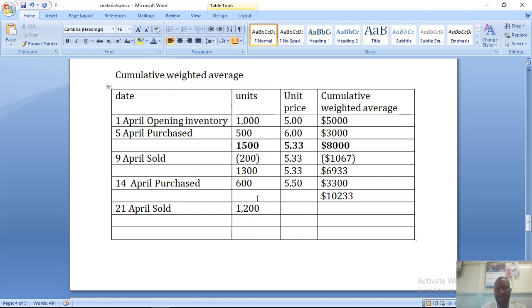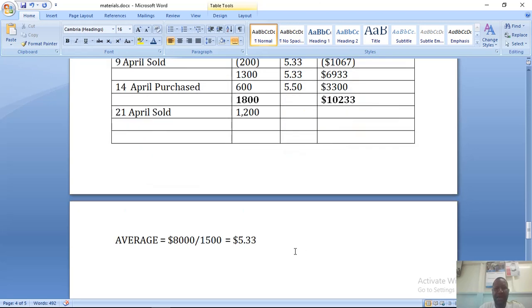That's the total value, and the total number of units at this stage should be the 1,300 units we were remaining with plus the 600 units that have been purchased.